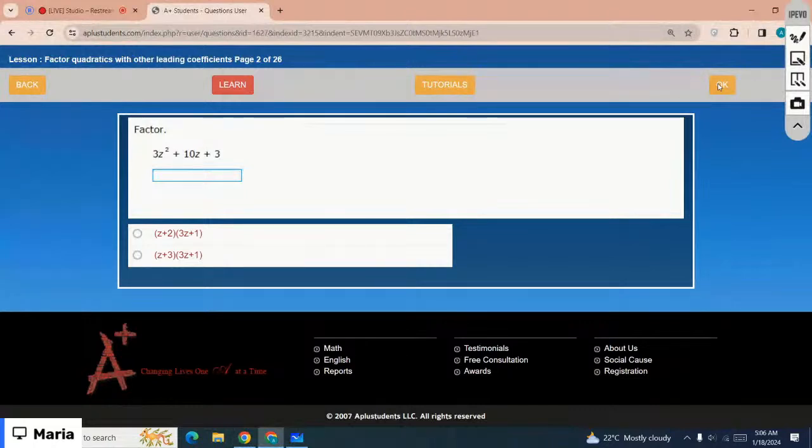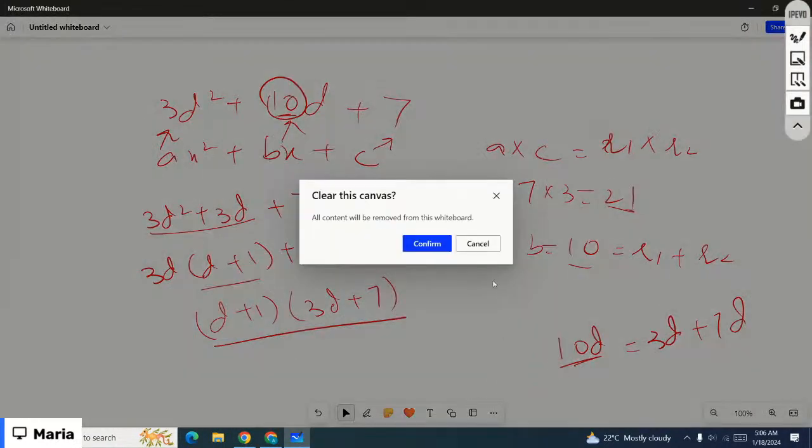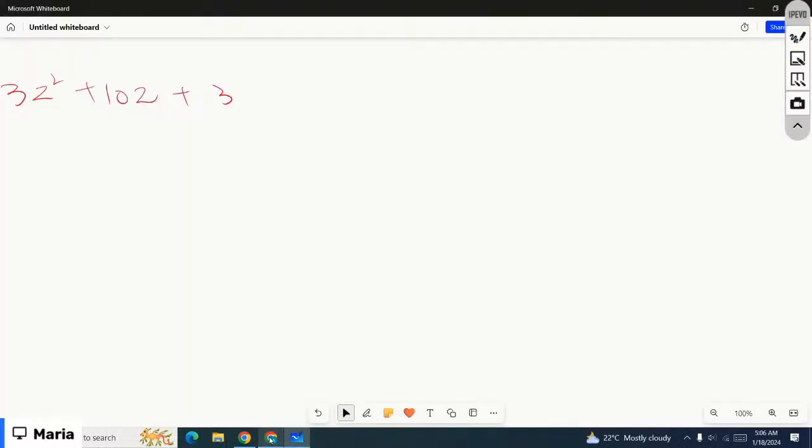Okay, the next one is 3z square plus 10z plus 3.